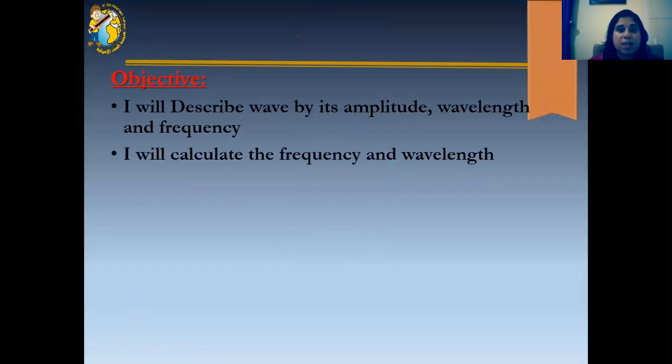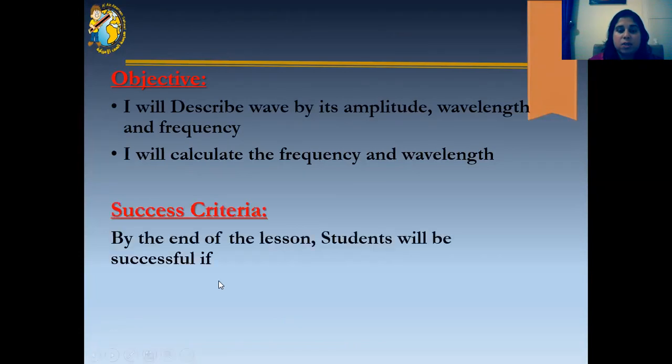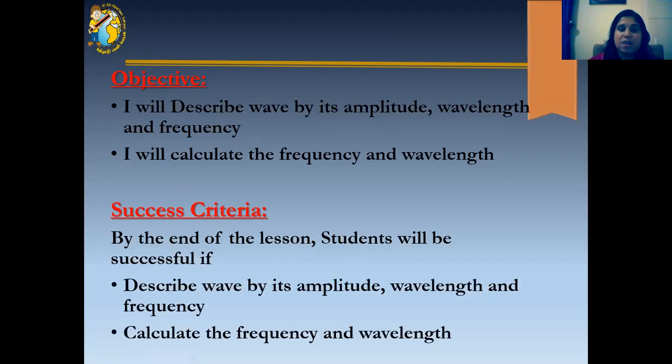I will calculate the frequency and wavelength. By the end of the lesson, students will be successful if you are able to describe a wave by its amplitude, wavelength, and frequency, and if you are able to calculate the frequency and wavelength. Let's move ahead.